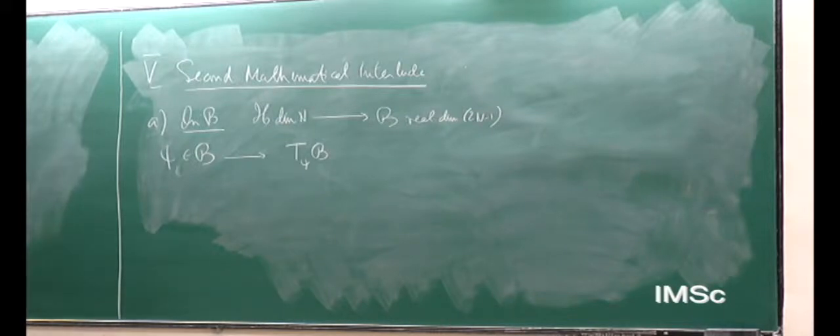But take instead of B, take S2, the sphere S2. At any point of the sphere S2, what is the tangent plane? So use the same definition. You must imagine smooth curves on S2 passing through your chosen point and calculate the tangent to each curve at that point.